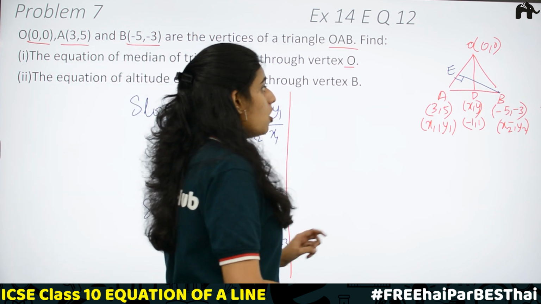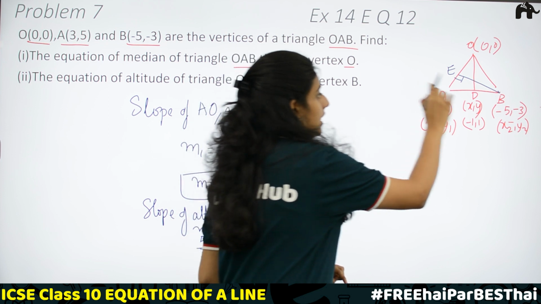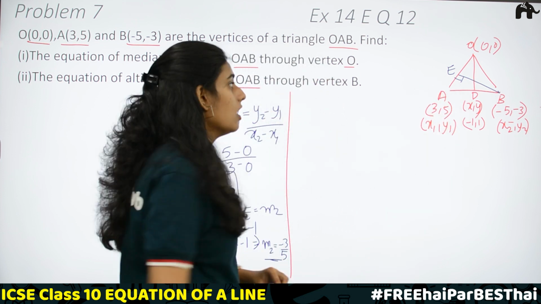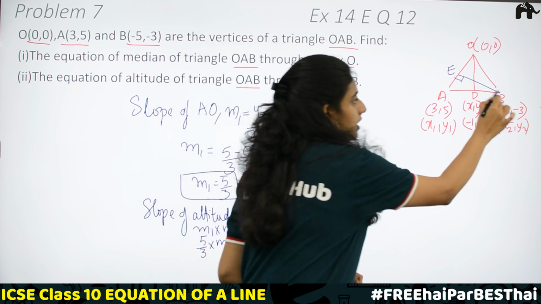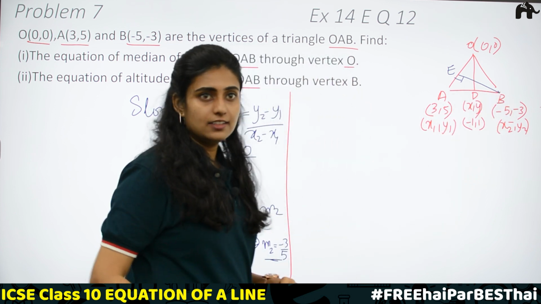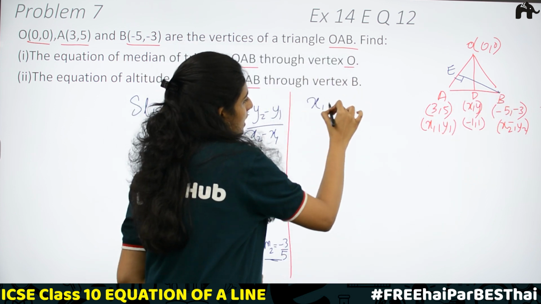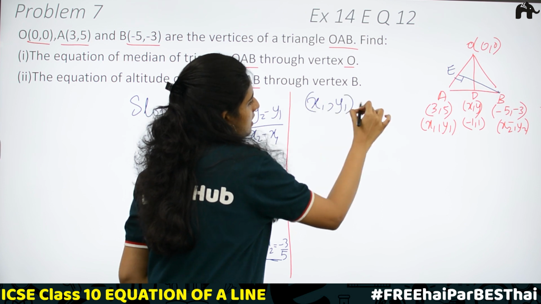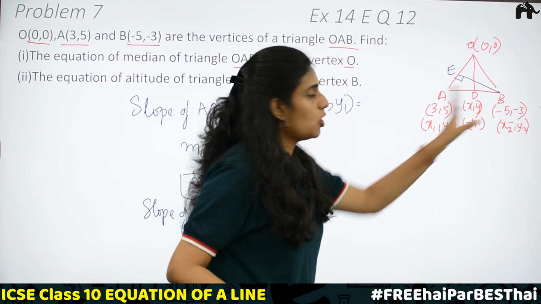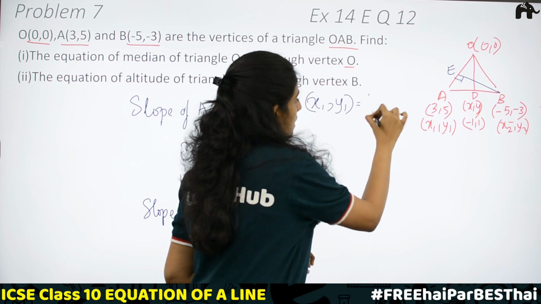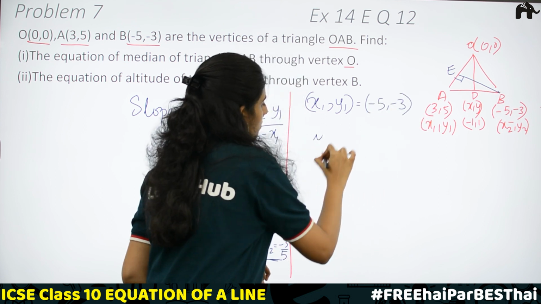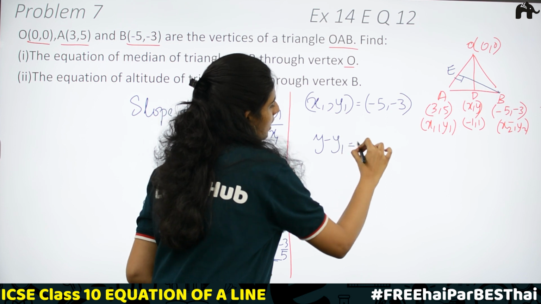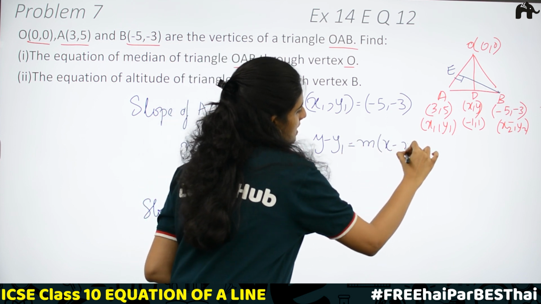To use the point slope formula to find the equation of this altitude, what else is required? We need at least a point. Point B lies on this line. Yes. So, we'll take the coordinates x1, y1 as point B, that is minus 5, minus 3. Point slope formula: y minus y1 is equal to m into (x minus x1).